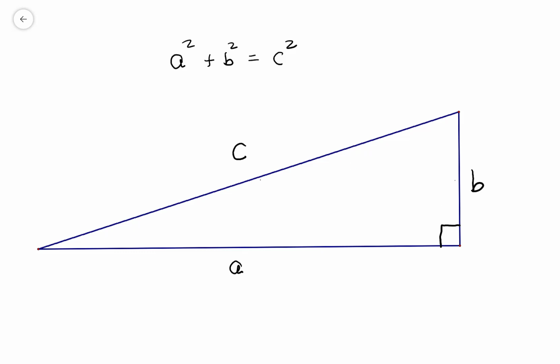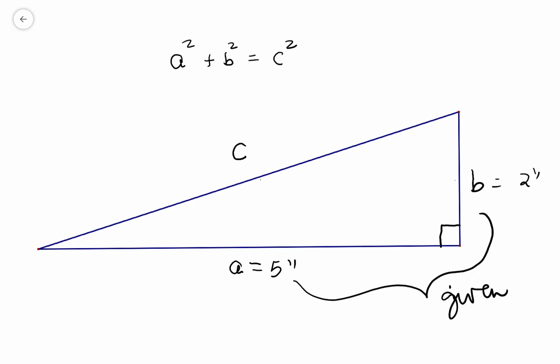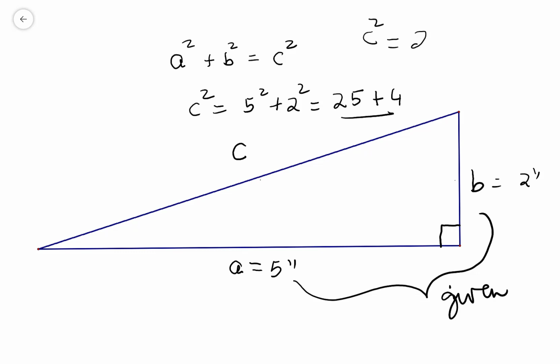For example, say we are given that this side here is 5 inches and this is 2 inches. You can obtain c just by using the rule, that is c² = 5² + 2², that is 25 + 4, or c² is 29. So c would be what?